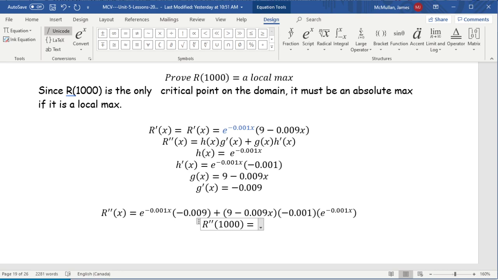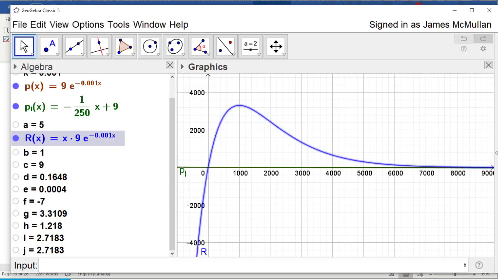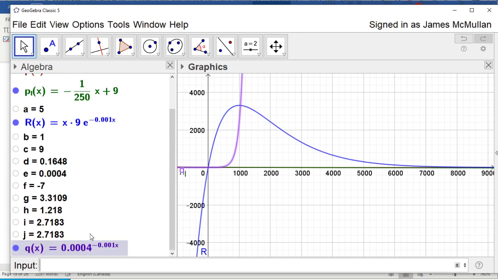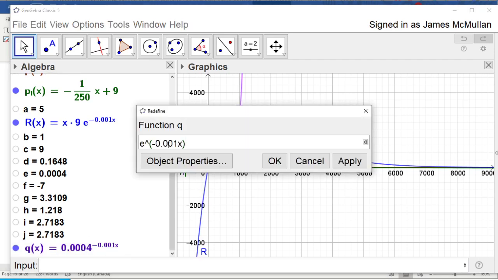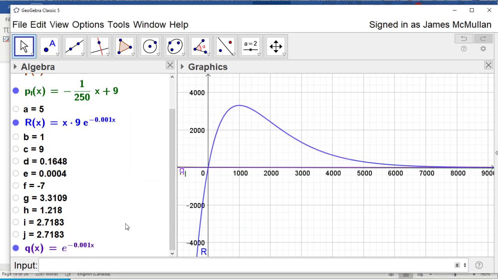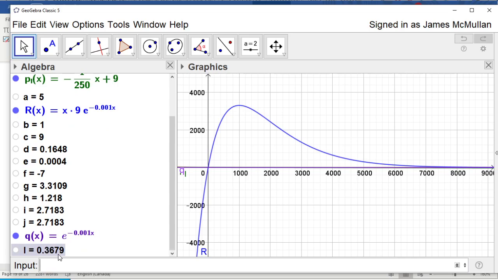Just to make this a little bit simpler, let's find out what e to the negative 0.001x is, and we're just going to do it for x equals 1000. It's 0.3679.